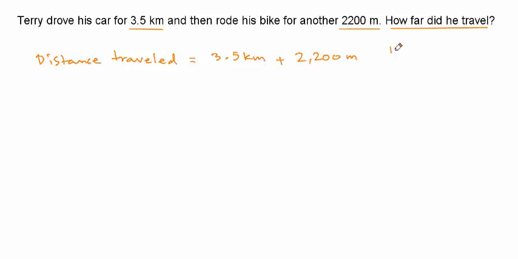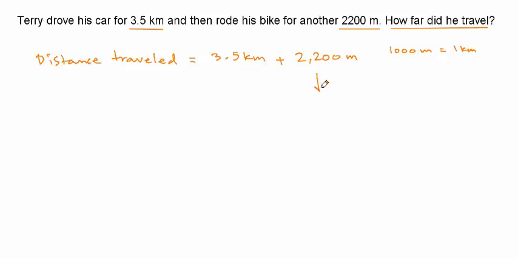Given that 1,000 meters is the same as 1 kilometer, if you want to change a certain number of meters to kilometers, that is a smaller unit to a larger unit, you got to divide by the conversion factor, which is 1,000.